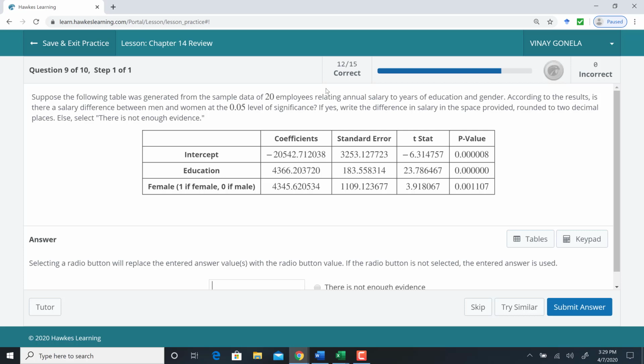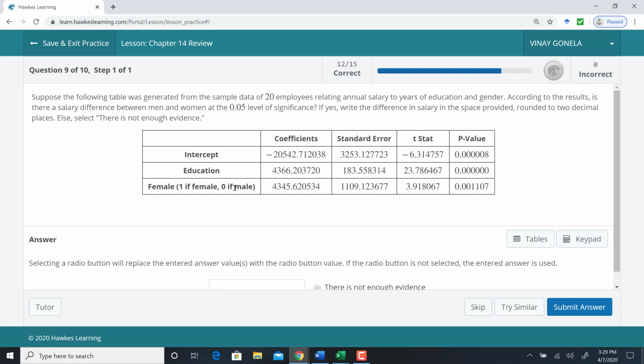According to the results, is there a salary difference between men and women at 0.05 significance level? If yes, write the difference in salary in the space rounded to 2 decimal places, else select there is not enough evidence.